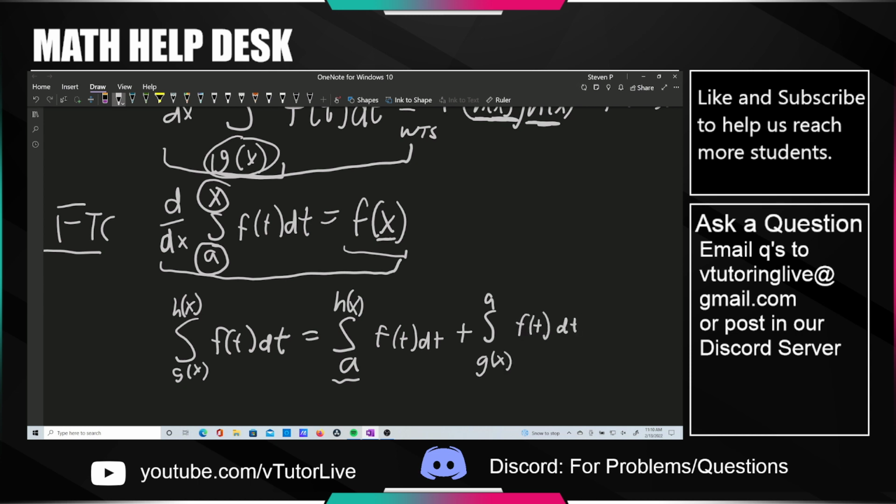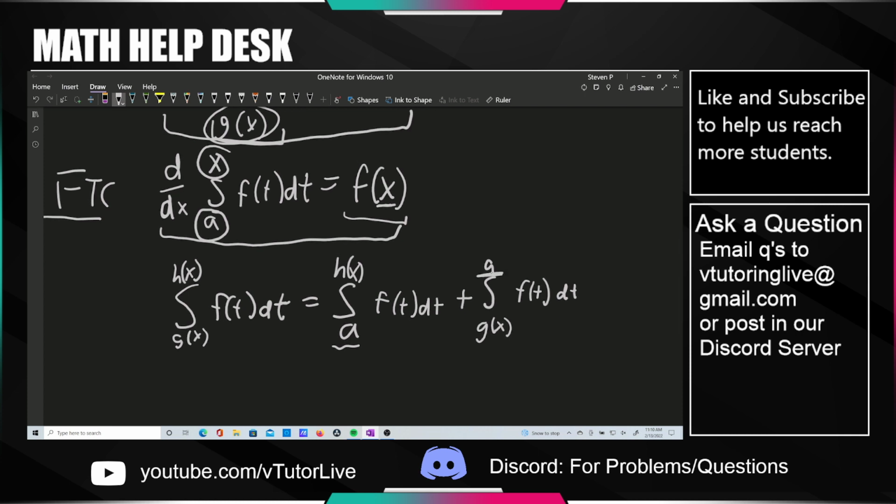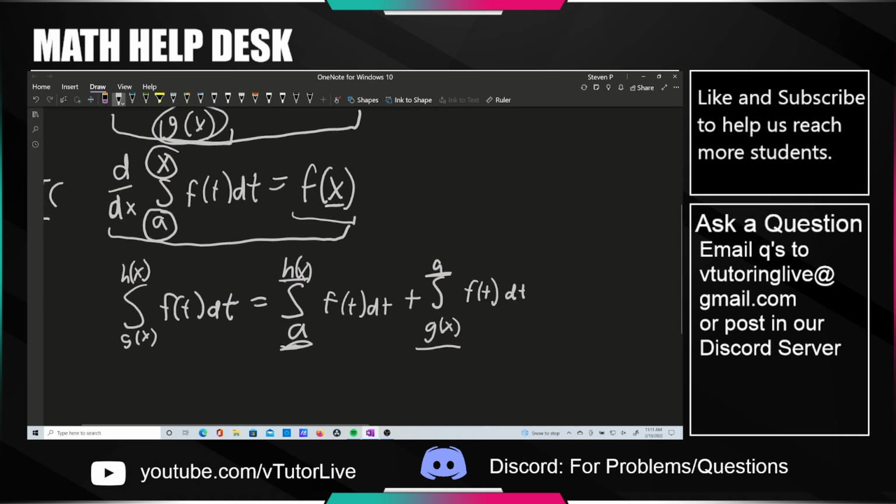What this looks like is splitting it. Before you had the bounds of h of x and g of x, now you split it in the middle with a.